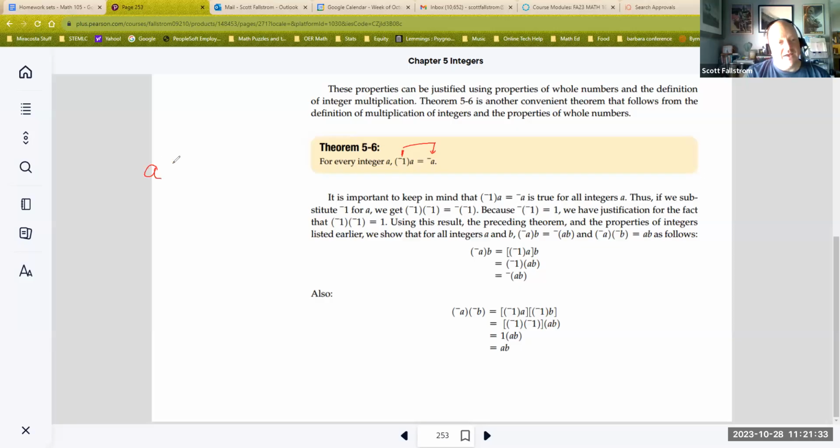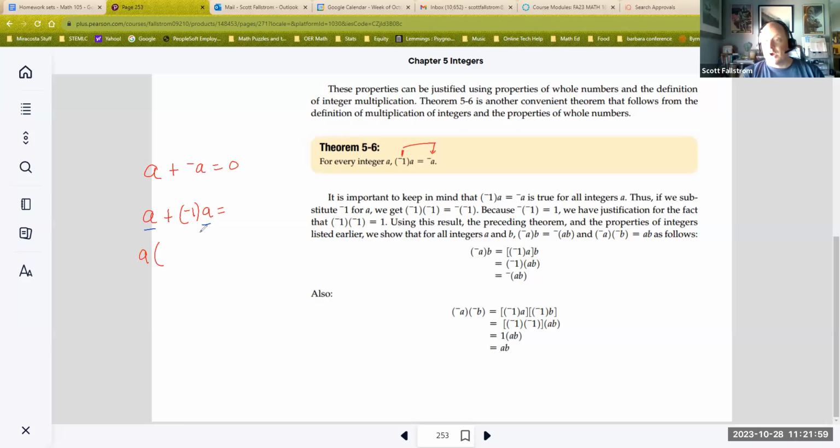Any integer, I can add its additive inverse, and that gets me to 0. So if I take that same number and I add -1 times a, what do I get? Well, I'm not sure right now, but let's see if I can simplify. I notice I have an a in both of these, so I could factor the a out.